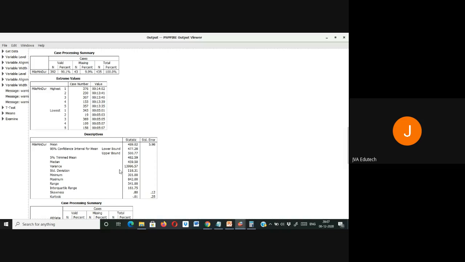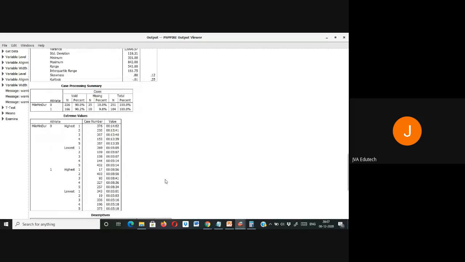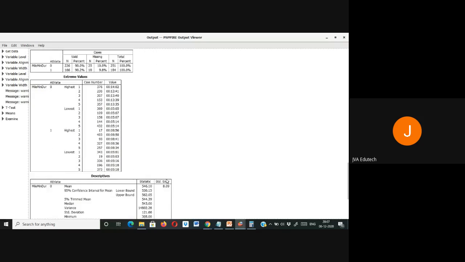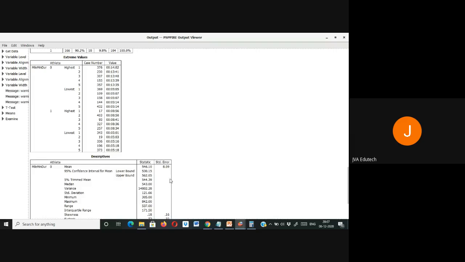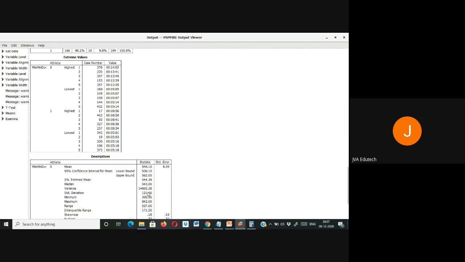You will see that the variance in case of non-athletes is 13996.57, whereas the variance in case of athletes is 14802.28, or simply you can write 14803. Okay.